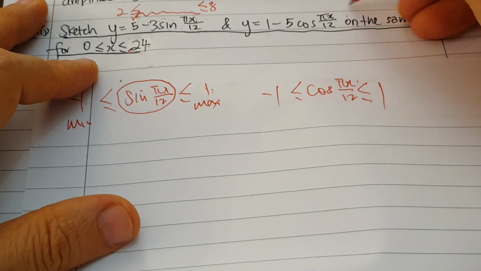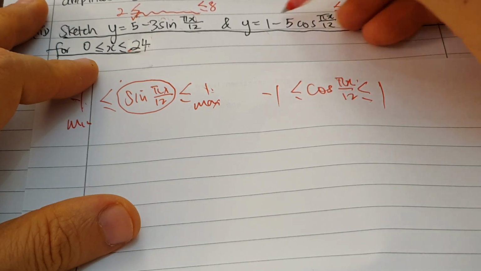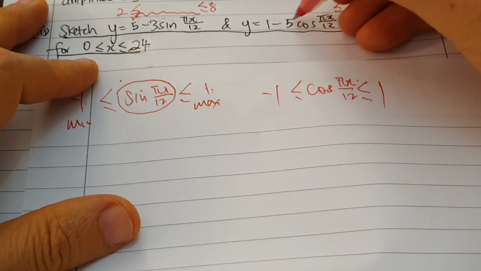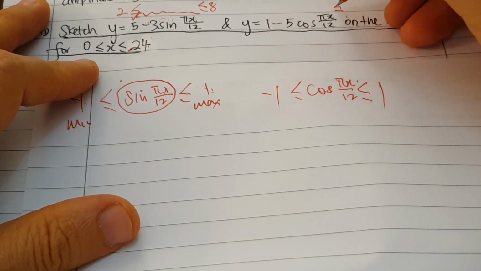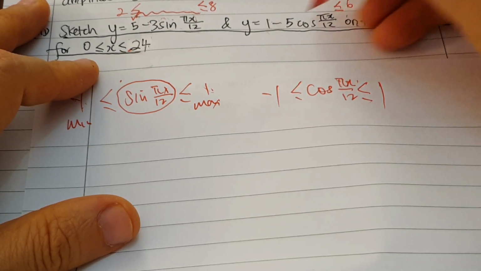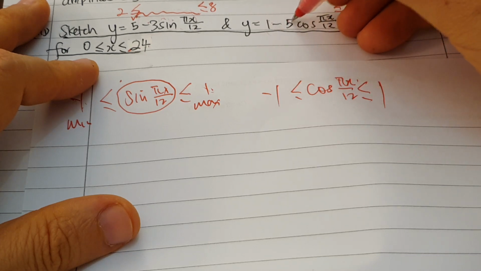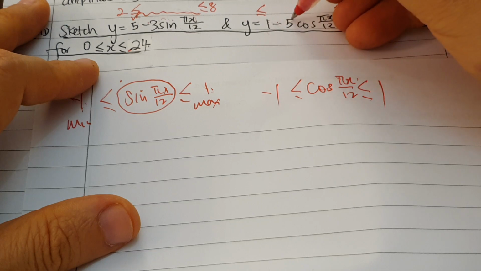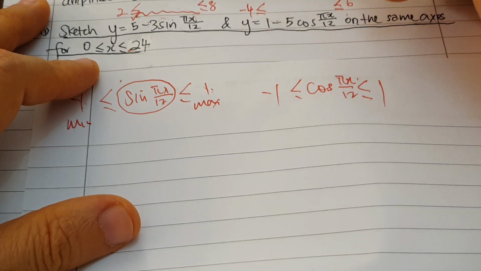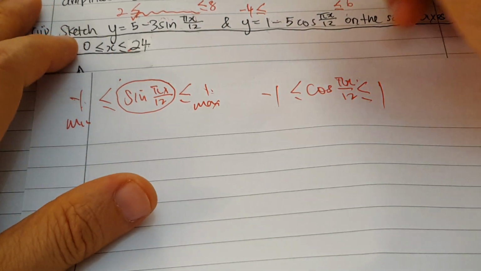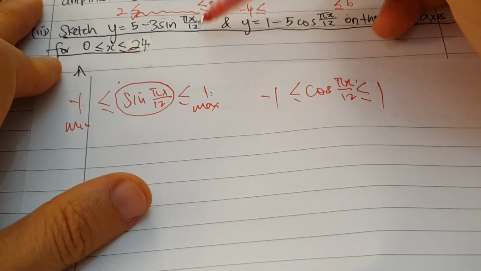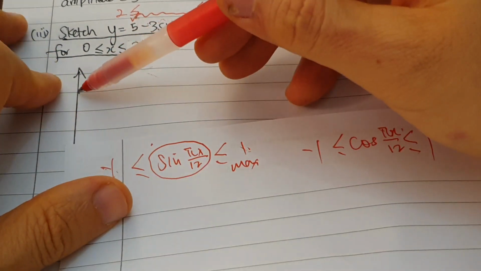This one, the maximum is 1 minus 5 times -1, so it's actually 1 plus 5, which is 6. This one, the minimum is 1 minus 5, which is -4. Okay, why am I doing all this? Because I have to sketch these two on the same axis, so I need to know what is the maximum thing that I must draw here.